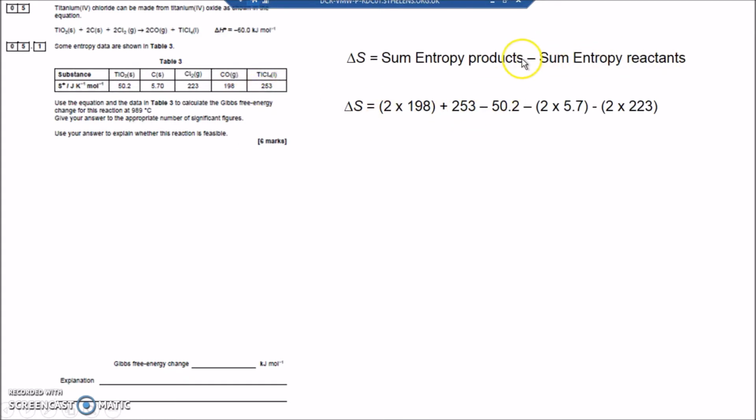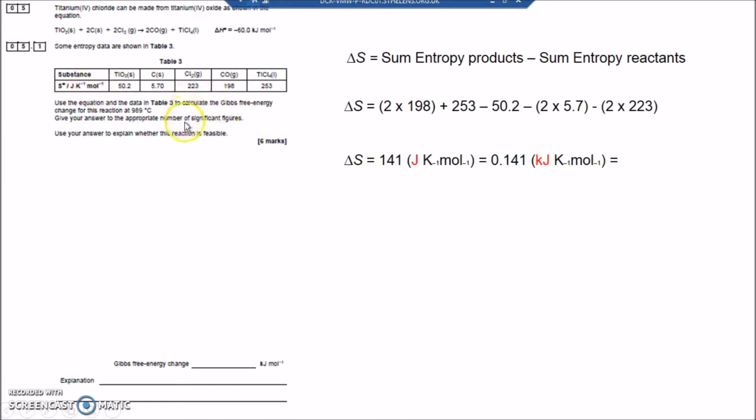Subtract the sum of the entropy of the reactants, so that's subtract TiO2, which is 50.2. I've got 2 moles of carbon, so subtract 2 times 5.7, and subtract 2 times 223, because I've got 2 moles of Cl2. I can calculate delta S then, but that's in joules per Kelvin per mole.